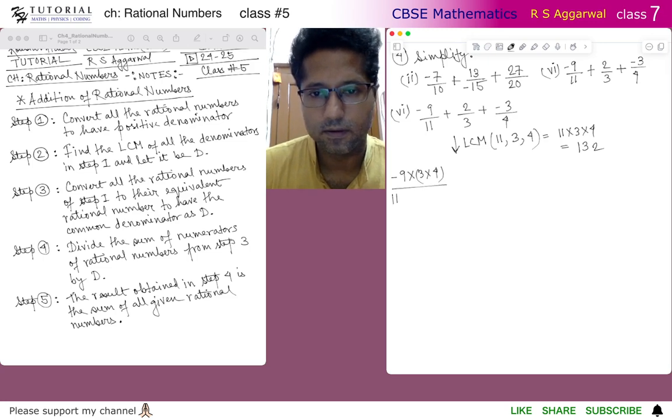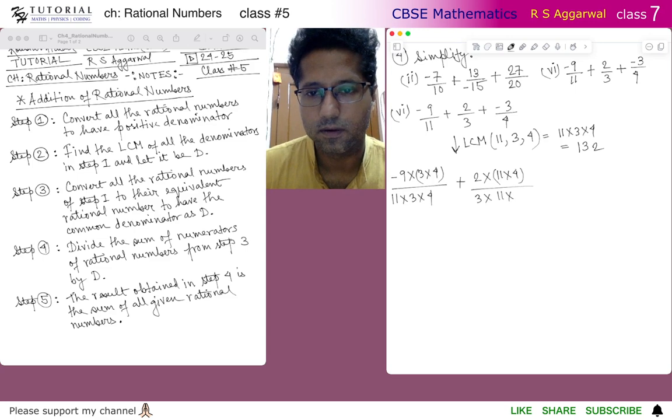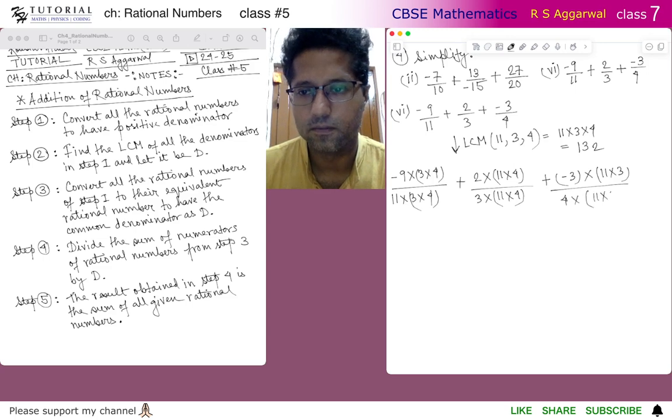For the second one we have to multiply by 11 into 4, and for the last one we have to multiply by 11 and 3.